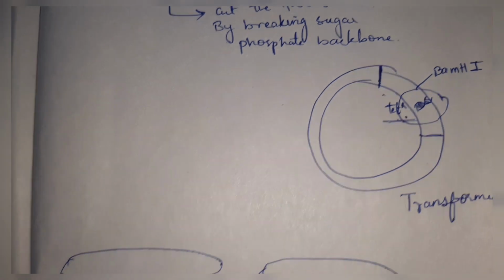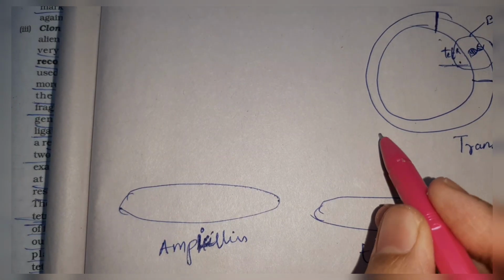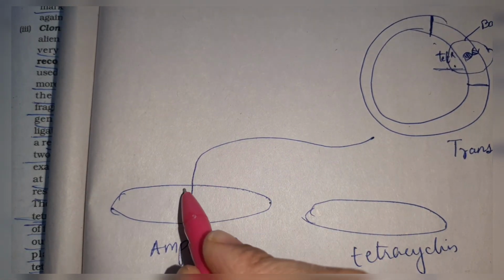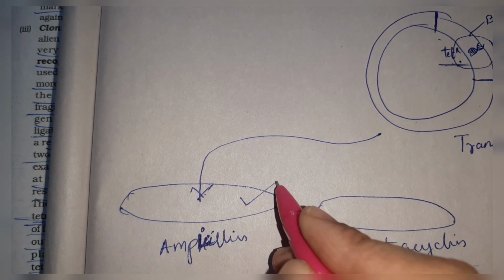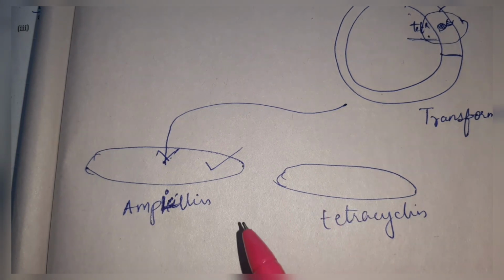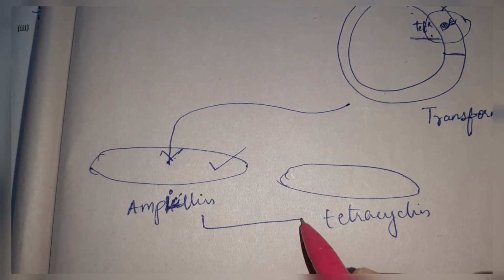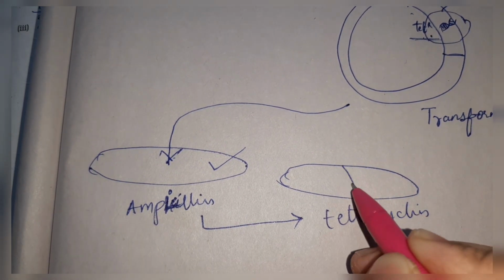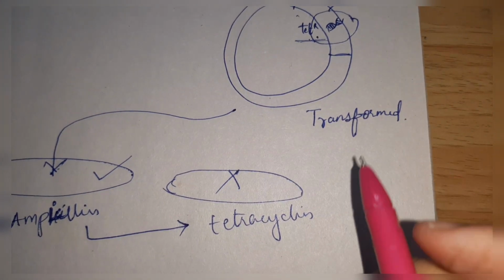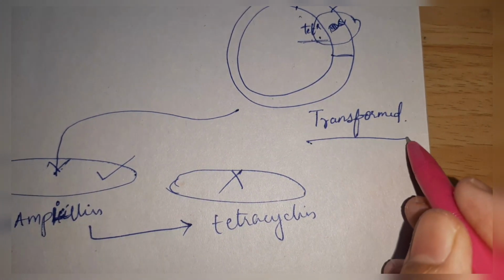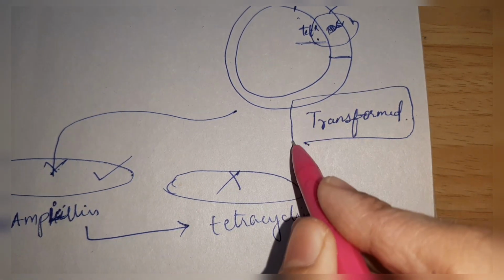If we grow this transformed plasmid on ampicillin medium, it will grow perfectly. And if we transfer it from ampicillin to tetracycline, it will not grow. This is the meaning of a transformed vector.